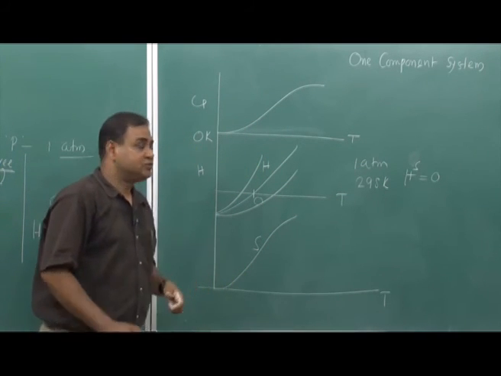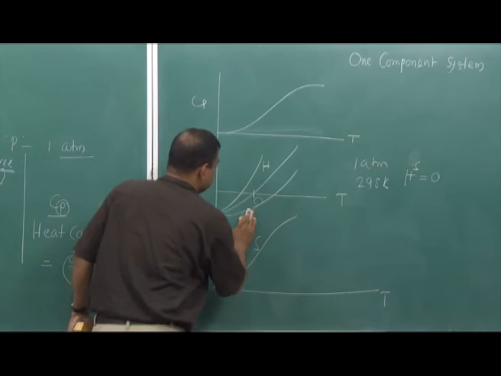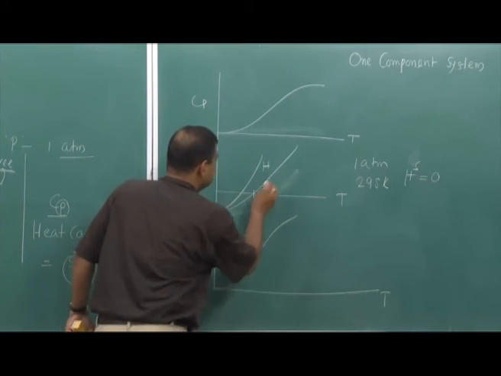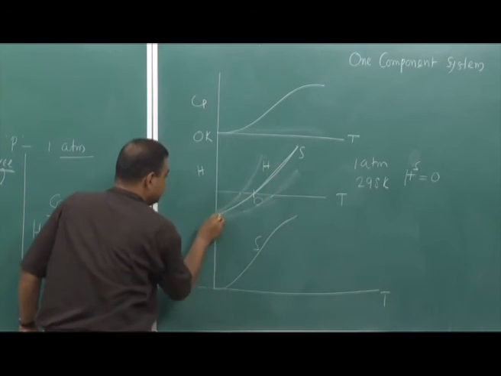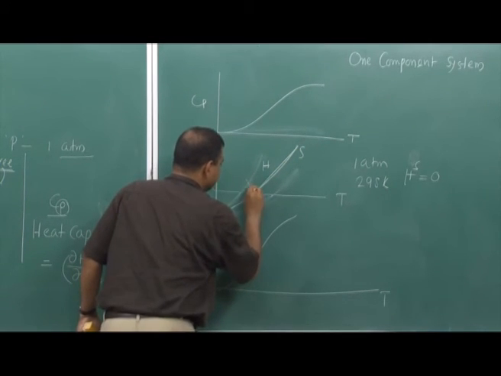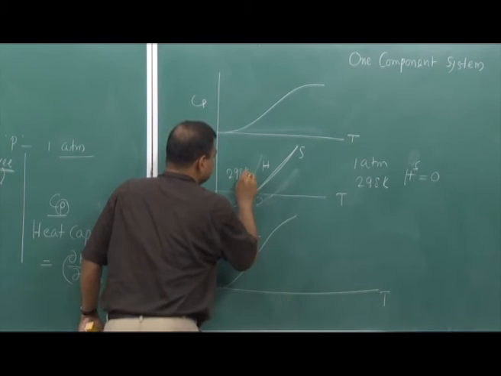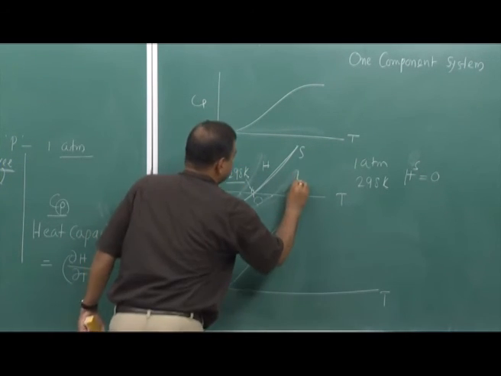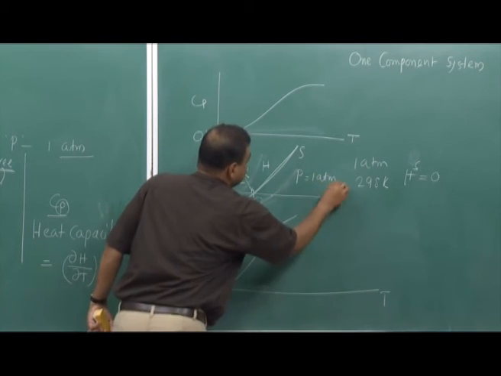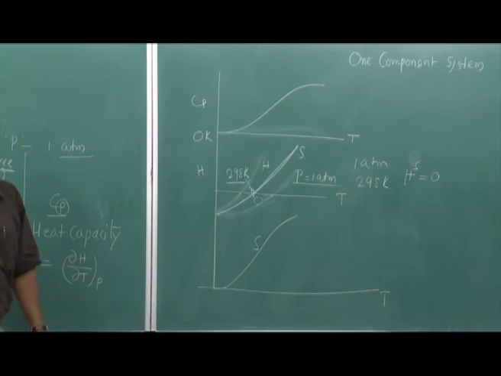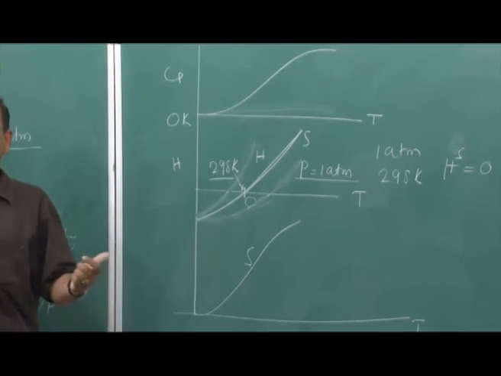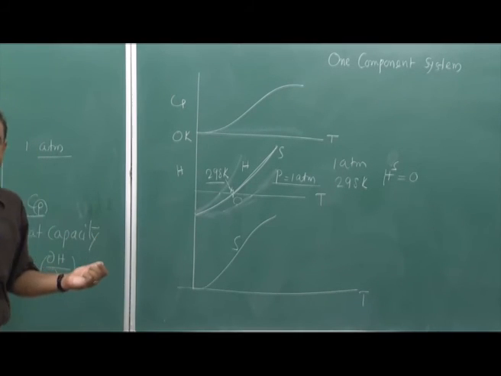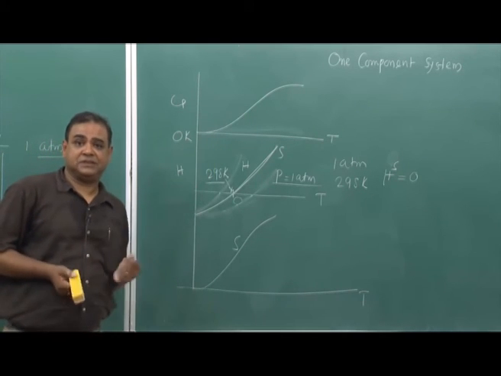So, this is the solid line, this is the solid enthalpy change, this temperature would be 298 Kelvin, and at that time pressure is 1 atmosphere, and this is nothing but the standard state. This is my reference, the datum value, and from that we measure the enthalpy of other substances, or the same substance at different temperatures.